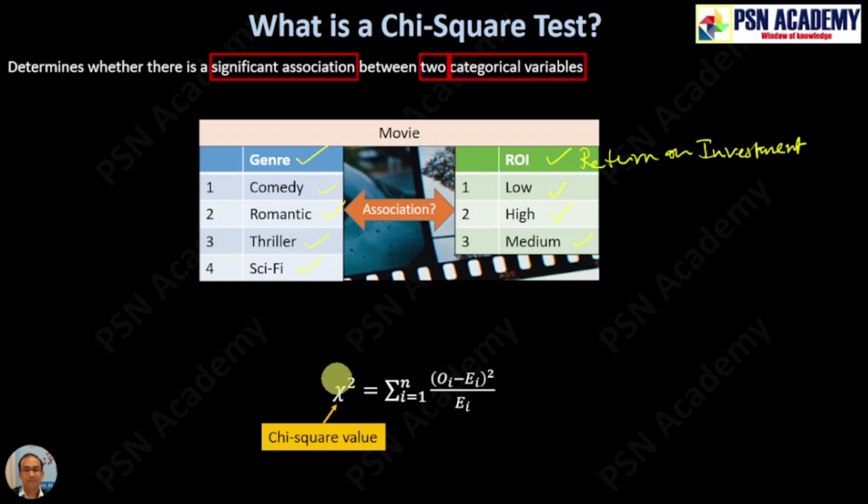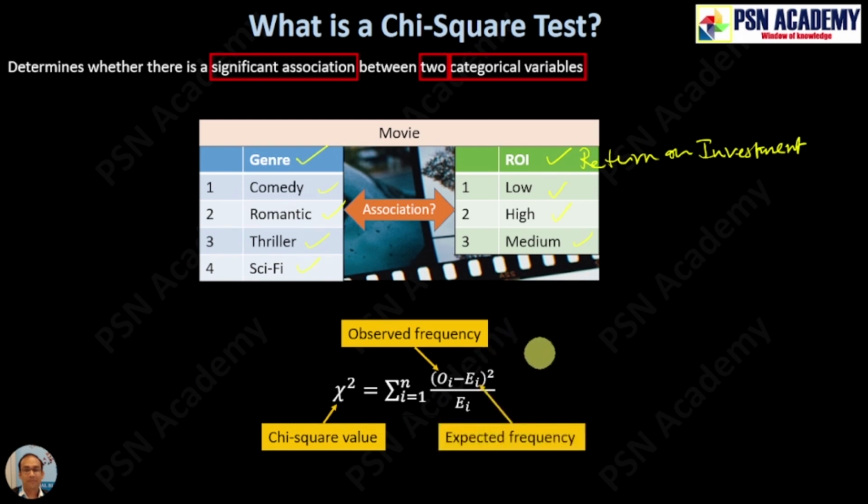This is the formula for chi-square. Now, this Greek letter chi is your chi-square value, written as chi squared. It's simply a sum of some components. What are those components? This O_i is the ith observation, or observed frequency, and this E_i is your expected frequency.